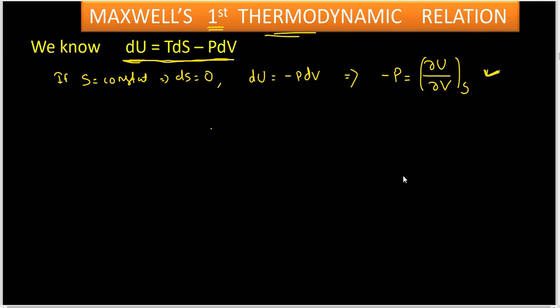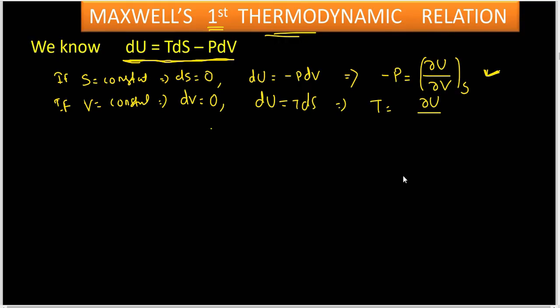Okay, next part is if V is equal to constant, then dV equal to 0, then dU is equal to TdS. That implies T is equal to del U by del S at constant V.